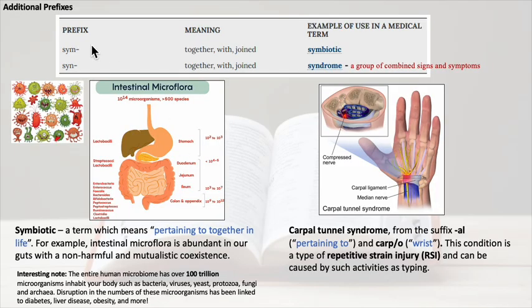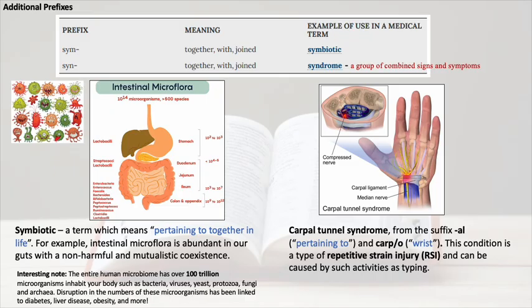Okay, understanding sim versus sin. Both sim and sin come from Greek and mean together, with, or joined. These prefixes will indicate combination or coordination, and the difference between them is mostly based on the first letter of the root.